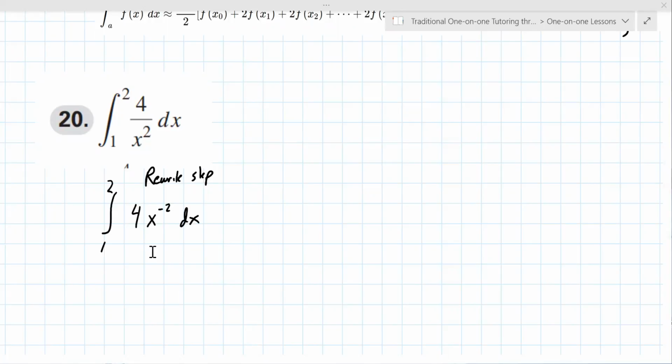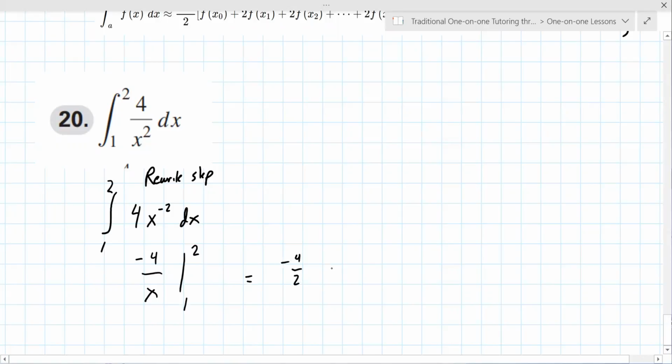Yes. So this part is negative 1 over, however you want to do it, but yeah, it becomes negative 4 over x, and you evaluate from 1 to 2. Okay. And if you're not comfortable with your fractions, you will be after you do this, because this one looks bad at first, but it's negative 2 plus 4, so it ends up equaling 2.